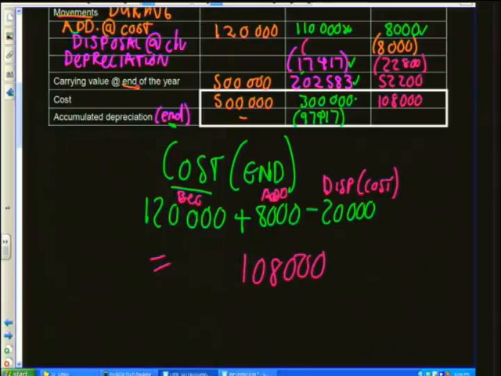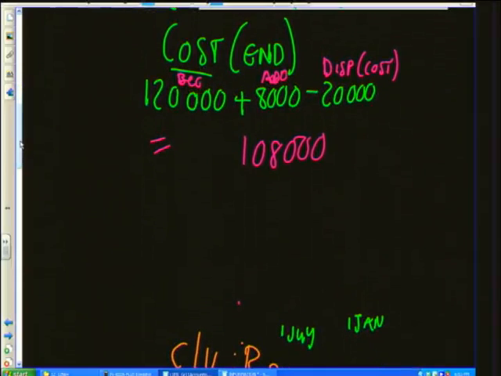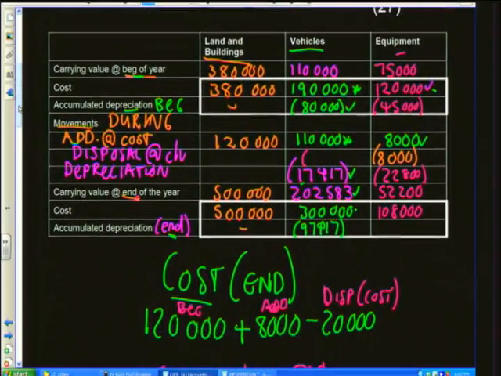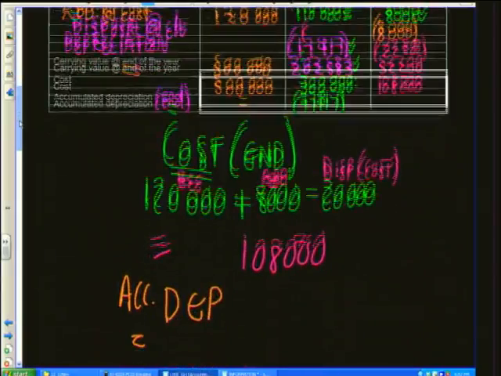Okay, let's fill that in, 108,000. Right, the very last line: accumulated depreciation at the end of the year. Again, we start with accumulated depreciation at the beginning of the year, which was an amount of 45,000.